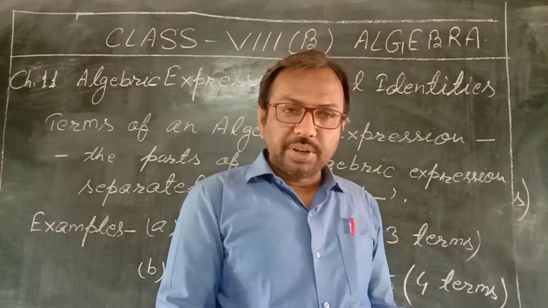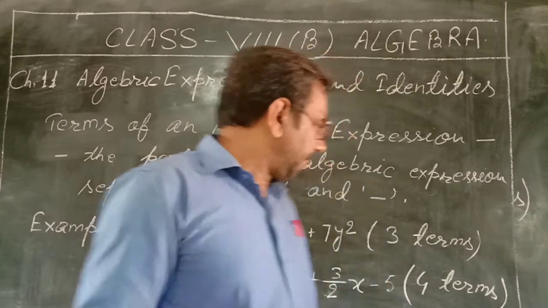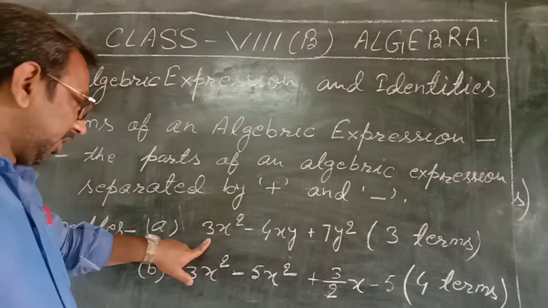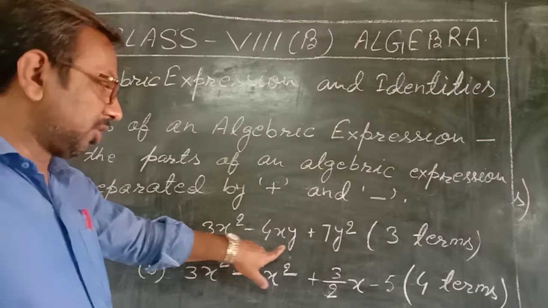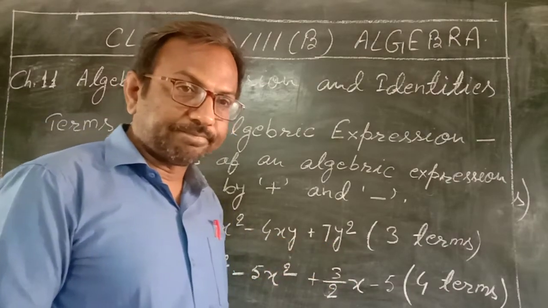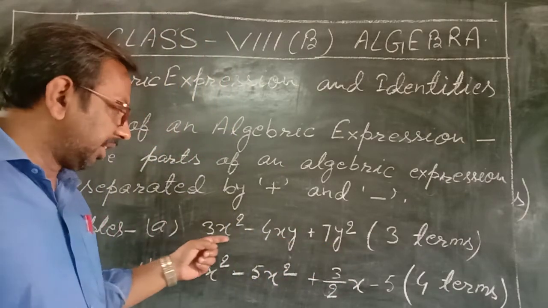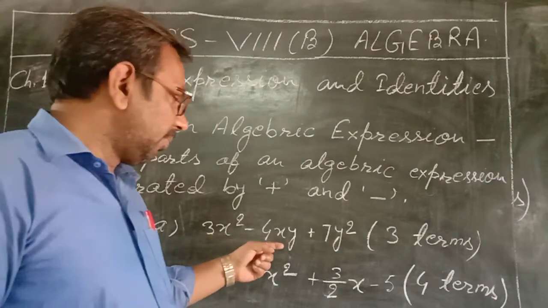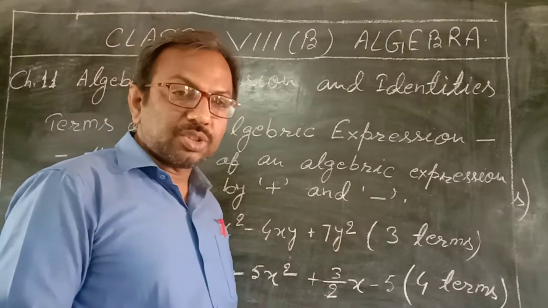Let us try to understand through these two examples. Here the first example is 3x square minus 4xy plus 7y square. In this, if you see, there are three terms: 3x square, 4xy and 7y square.